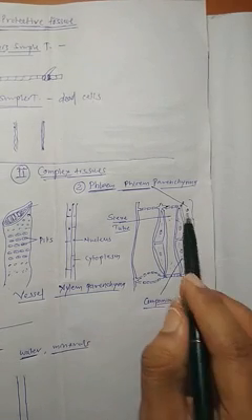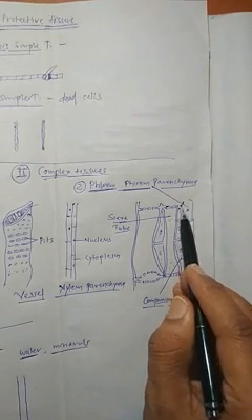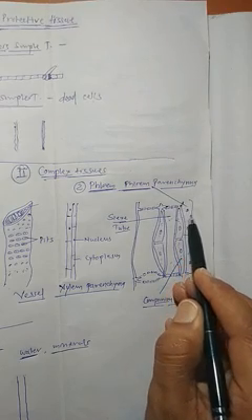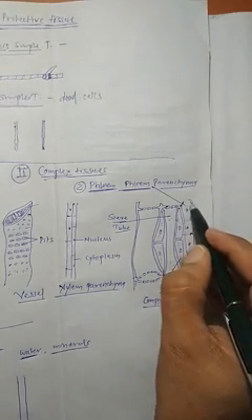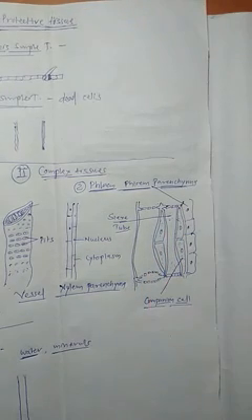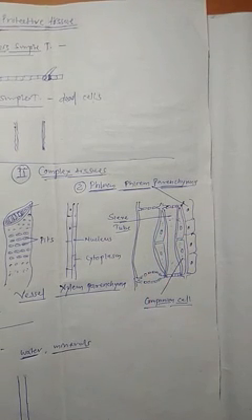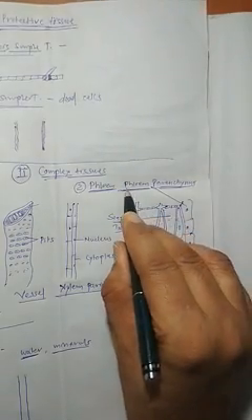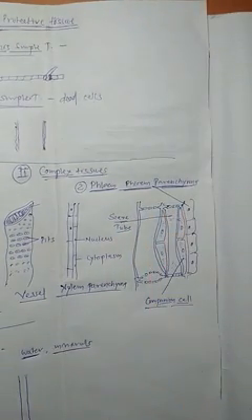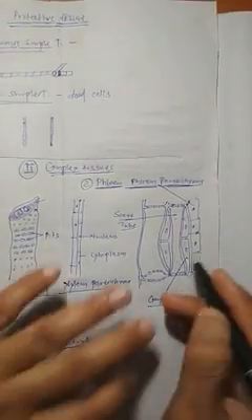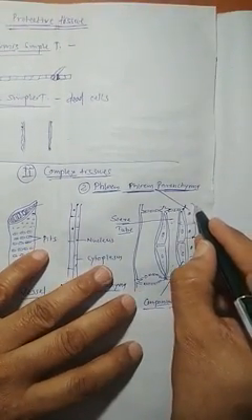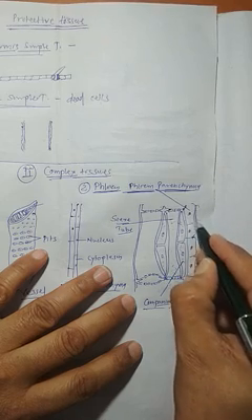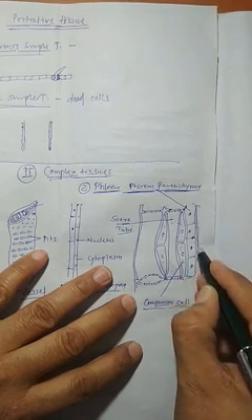and this is phloem parenchyma. The main function of phloem parenchyma is storing food. Phloem parenchyma stores the food material, and thick walled phloem fibers are present, which give mechanical support to the plant.